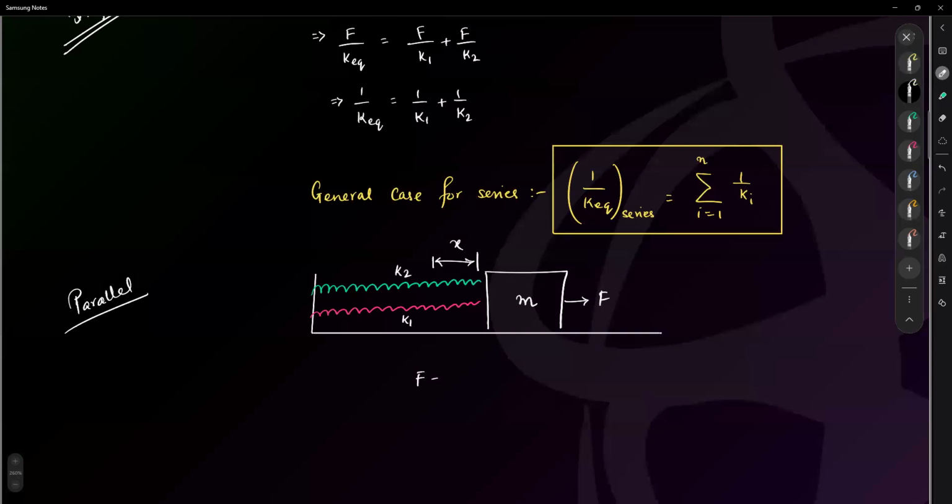So F should be equal to F1 plus F2. F1 is the force experienced by the first spring, and F2 is the force experienced by the second spring. So F is equal to K equivalent into X. This should be equal to K1X plus K2X. So K equivalent is equal to K1 plus K2.